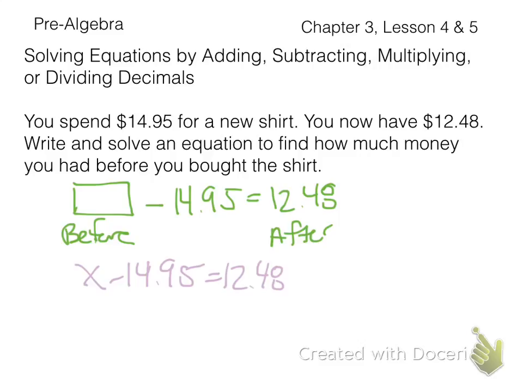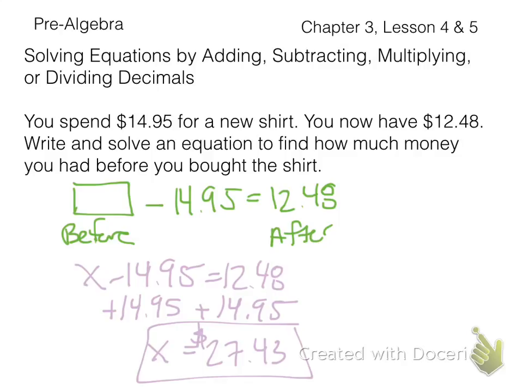The opposite of minusing 14.95 is adding 14.95. x, which is the amount you had before, is going to be 12.48 plus 14.95, which is $27.43.